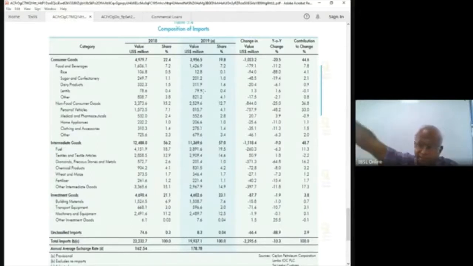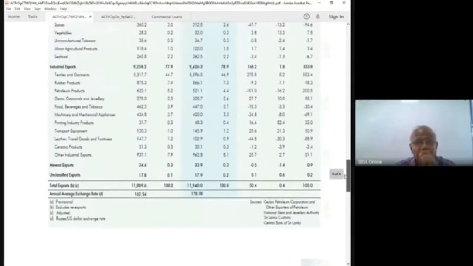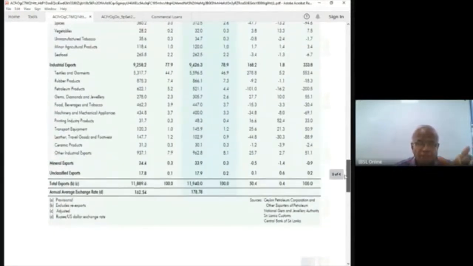Because garments are the main exporter, the main finished product we send, but the inputs are imported. That's the thing. Garment export earnings, how much? Total export earnings, 5,596. By selling our finished product to foreign countries, we get nearly 5.6 billion.